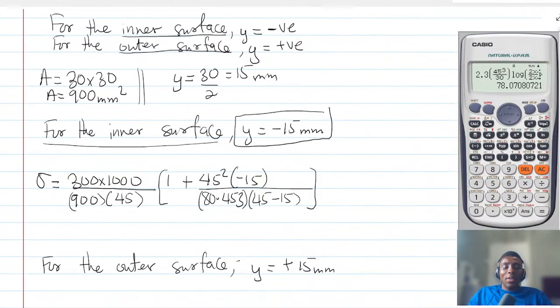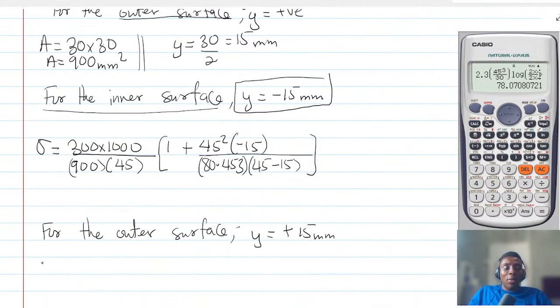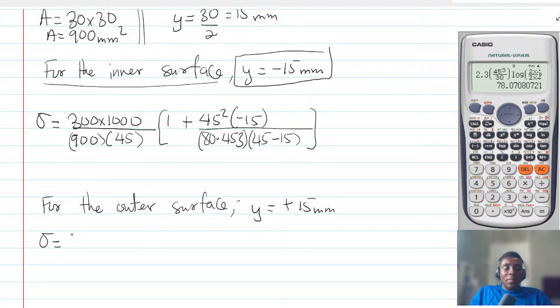So we are done with this part. All what you have to do right now is to calculate it directly, which is going to be essentially the same thing, but you are going to negate.